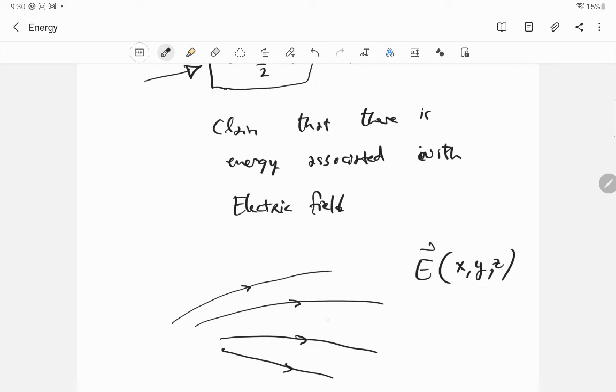So if I wanted to say here is a position whose coordinate is x, y, z, we would say, well, there's electric field right there at that location. And the electric field right there at that location means that in that little volume of space, that's a dx, a dy, and a dz, there is energy there because there's electric field there.